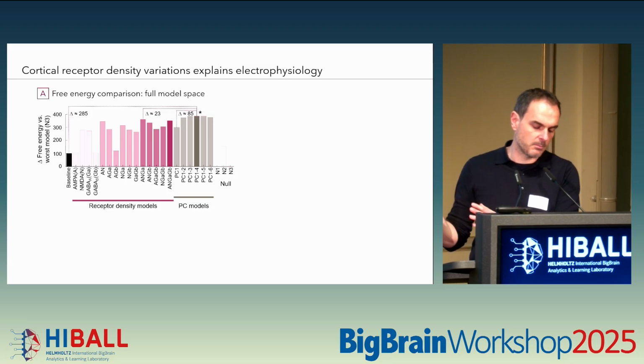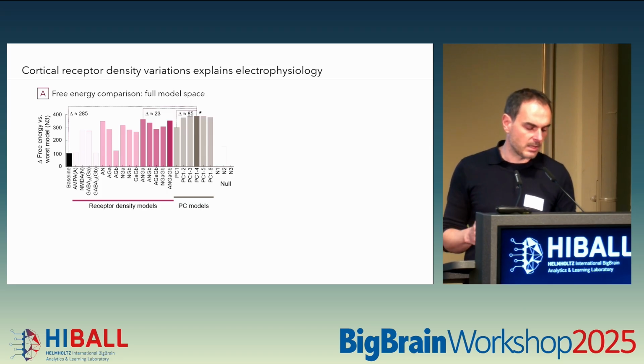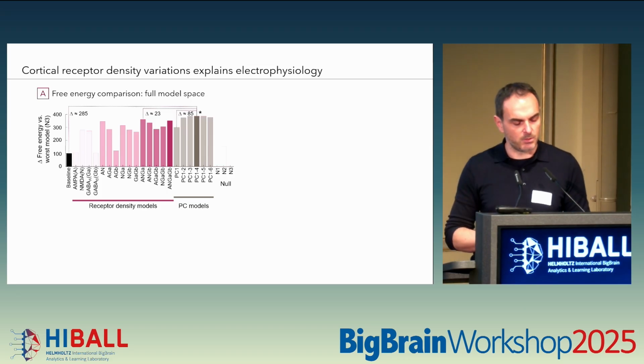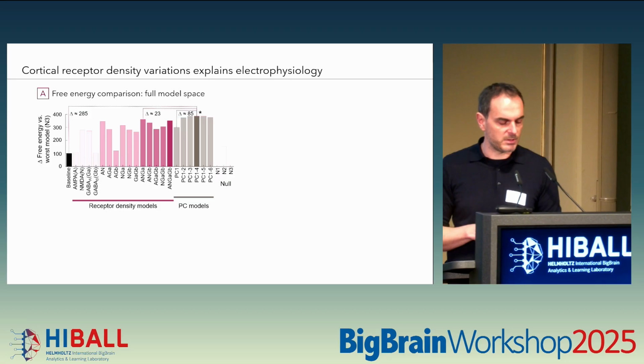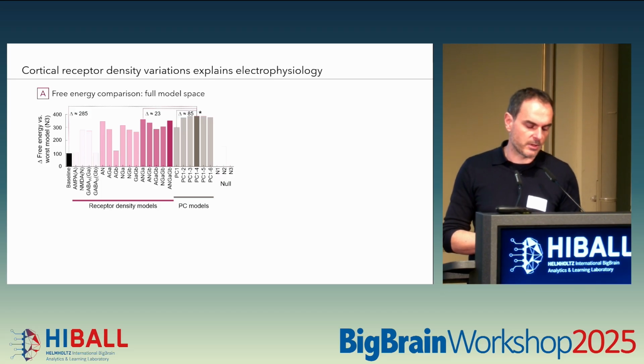And for the winning principal component-based model, we had null models here, as described earlier or alluded to yesterday. These are models compared with a log Bayes factor, and a Bayes factor bigger than 5 indicates that one model is significantly better than the other.